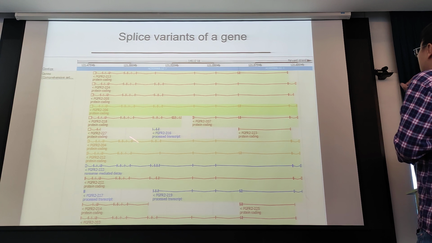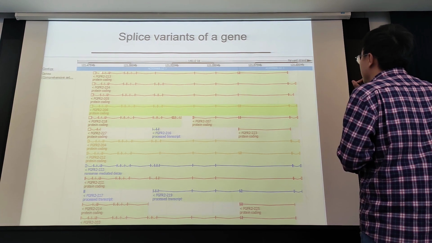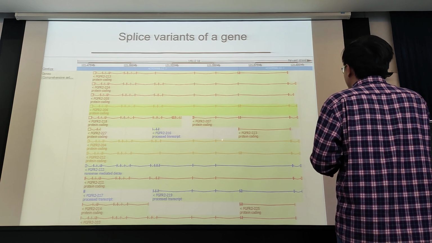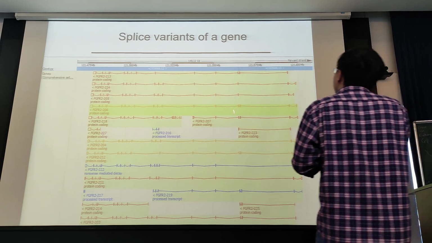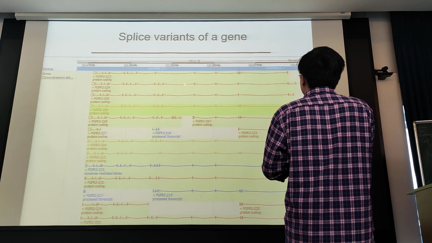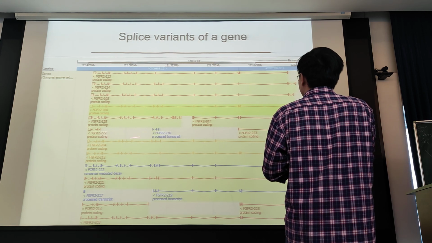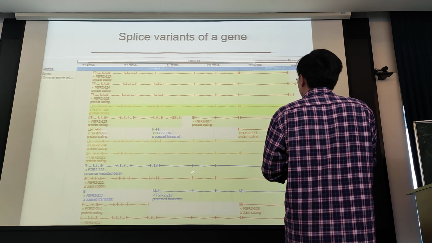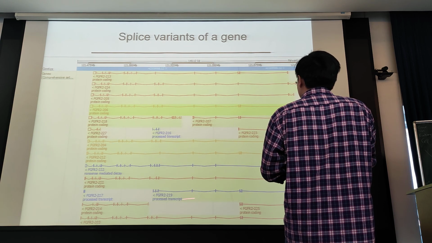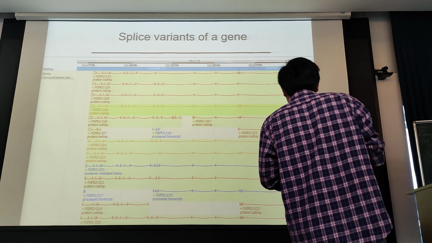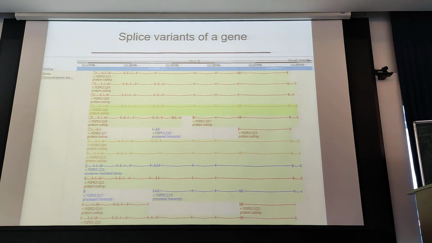This gene is composed of more than 15 exons, and we can see it has 18 different splicing variants. Among those, many regions start in the first case, and lots are coding for protein.